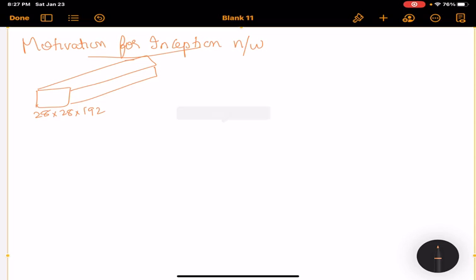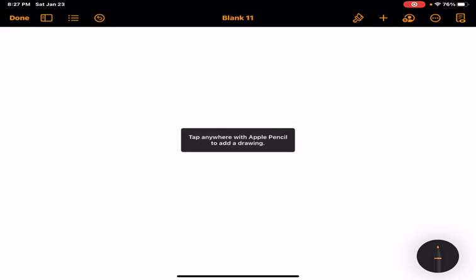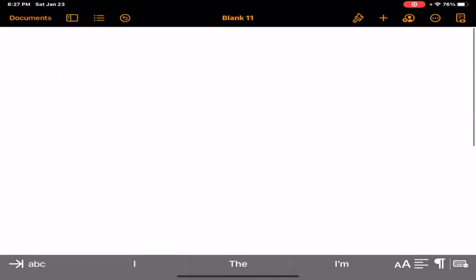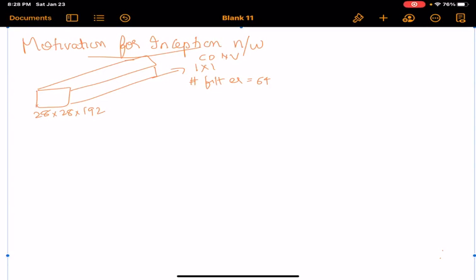So let us start by first doing a 1x1 convolution. Let us say that the number of filters I will be using is equal to 64, and the 1x1 convolution automatically means that it will have a depth of 192, which is the same as the number of channels in my input.